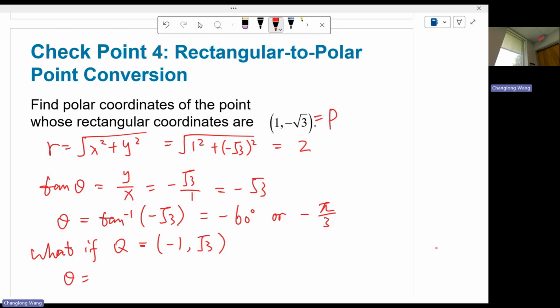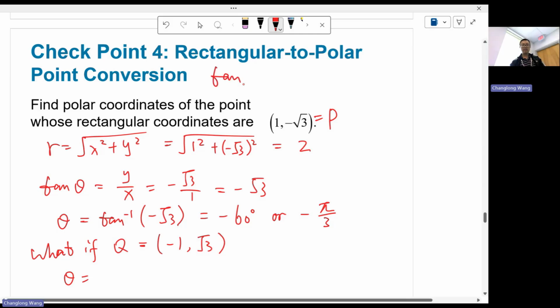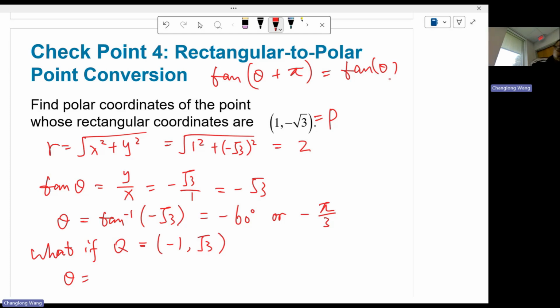Simply put, if you ever see functions like tangent of theta plus pi, you know what? It's pointless to add the pi because tangent doesn't really see any difference. It's the same thing as tangent theta.